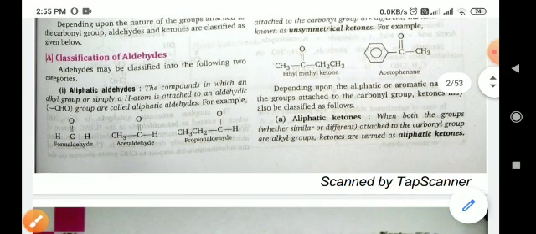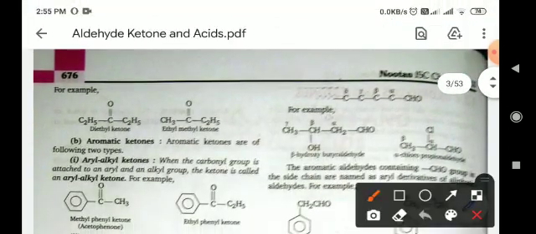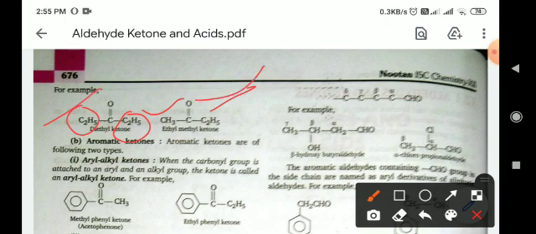Now ketones are further divided into aliphatic ketones, when the carbonyl group is attached to two alkyl groups made up of hydrocarbon chains, symmetrical and unsymmetrical both.